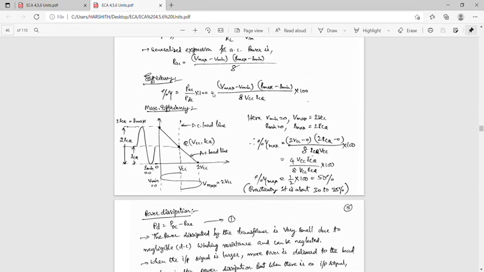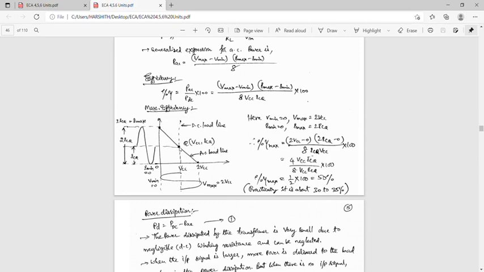Assume swings. These two are the swings. Assume the maximum swings of both the output voltage and output current, then you can calculate the maximum efficiency. To calculate the maximum efficiency, assume maximum swings of both the output voltage and output current, assuming that the Q point is exactly at the center of the load line.